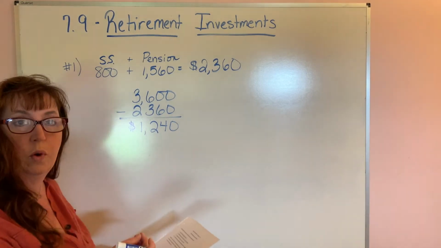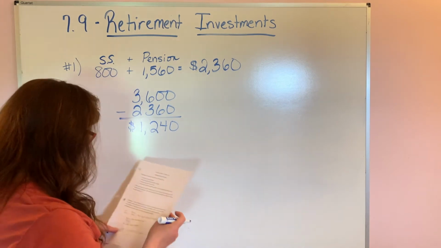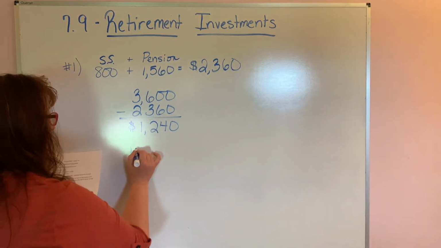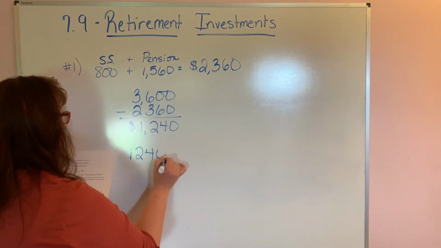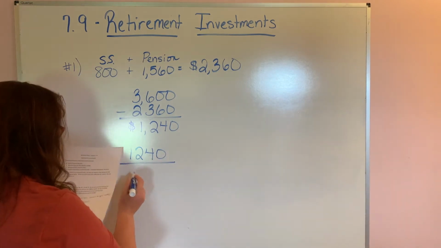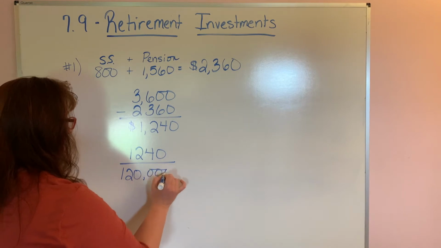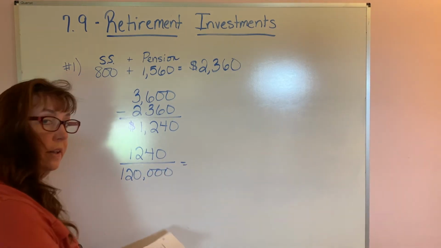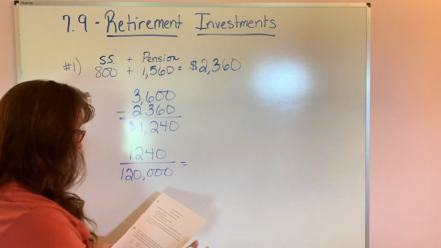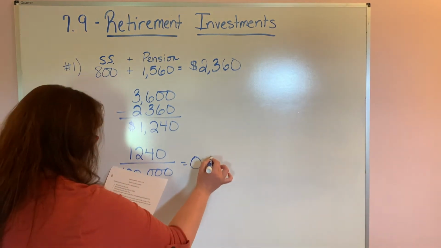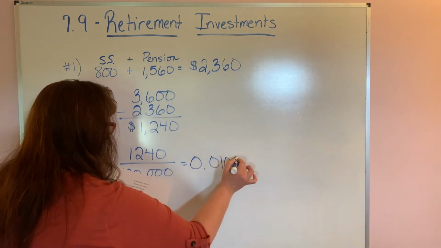But they ask for the percentage, so we need to take how much he needs to raise, $1,240, and divide it by how much he has in his IRA, which is $120,000. When you divide that, you'll get a decimal, and I got 0.0103.